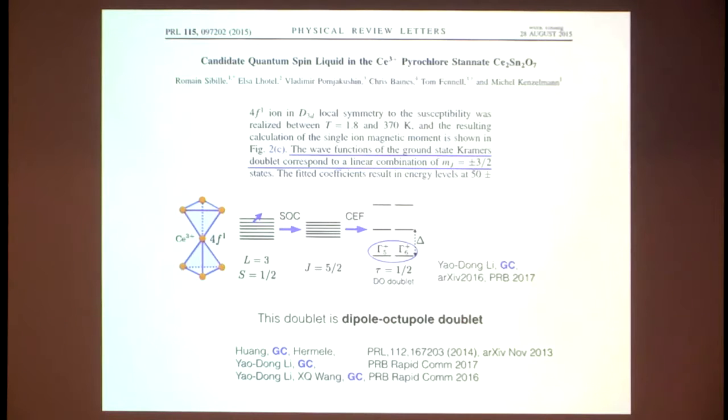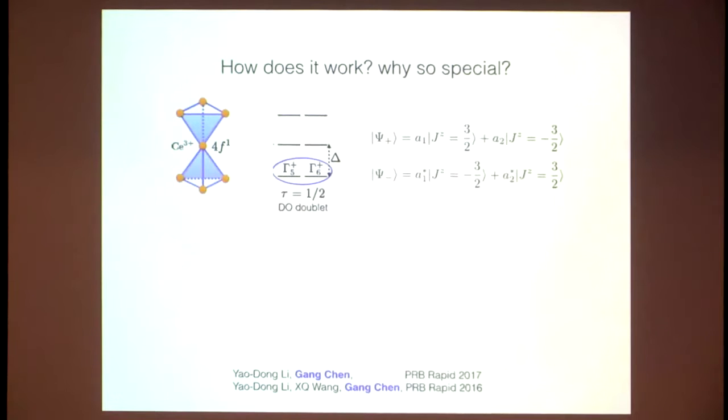The reason why it is special is this is the wave function of the doublet. Each state in the doublet is a one-dimensional irreducible representation of the D3d point group. The reason why they are degenerate is because of time-reversal symmetry.